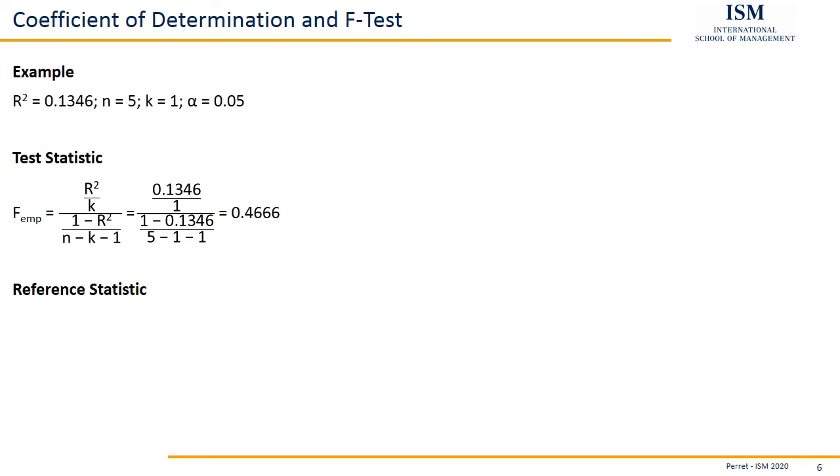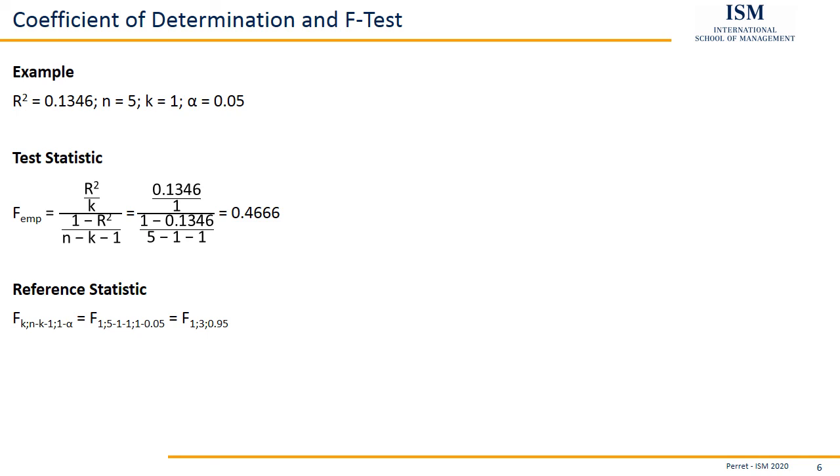The second part then is the reference statistic. Here we need F, k, n minus k minus 1, 1 minus alpha. So k is 1. Then we have 5 minus 1 minus 1, that's 3. And 1 minus 5% is 0.95. So we have to look up the value F 1, 3, 0.95.